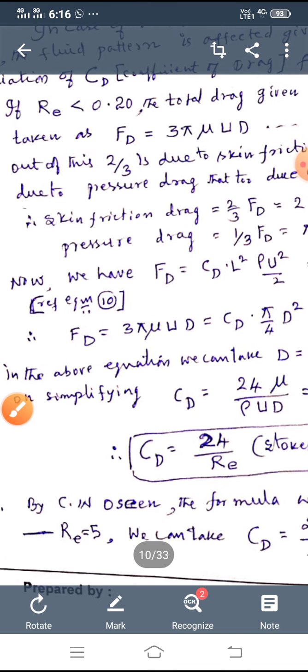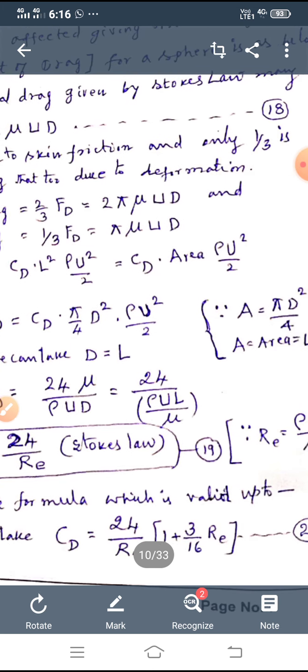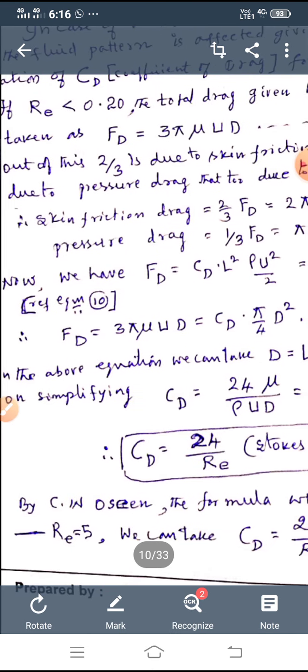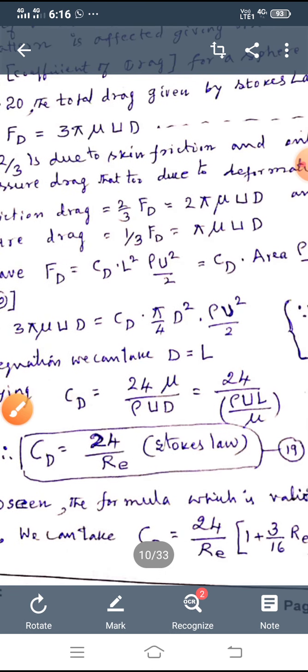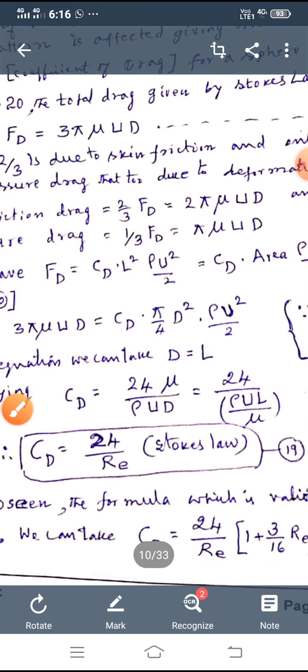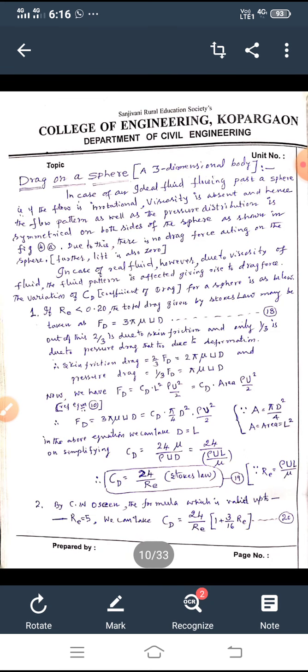Now, second point, after that, C.W. Oseen has given a formula to work out the CD when the Re value is up to 5. That is given by 24 by Re multiplied by 1 plus 3 by 16 Re. That equation is here.